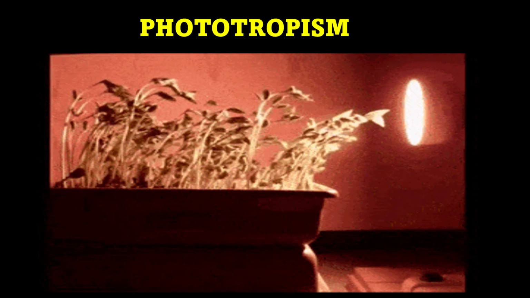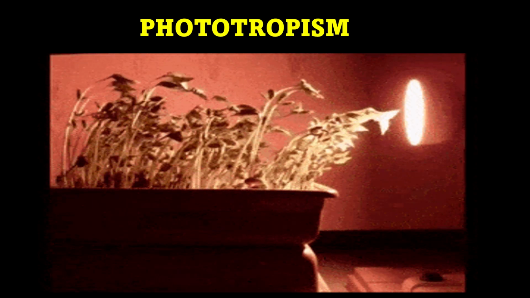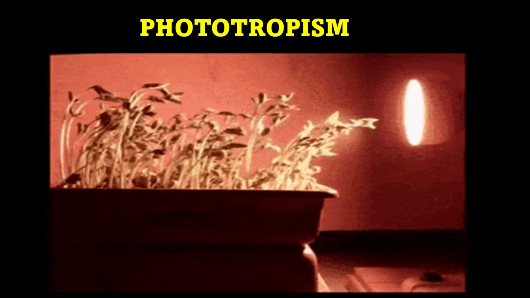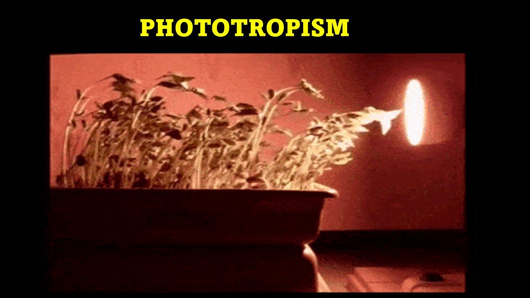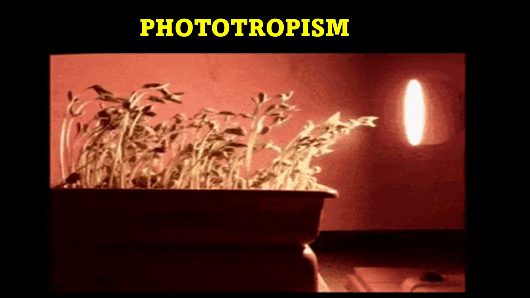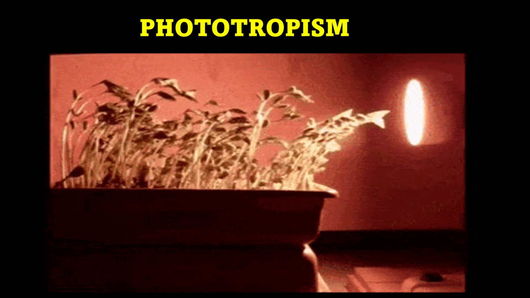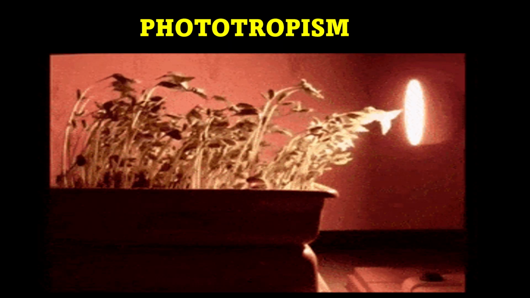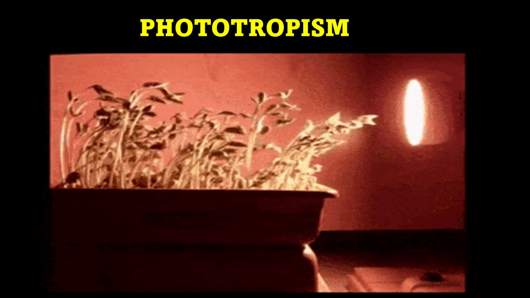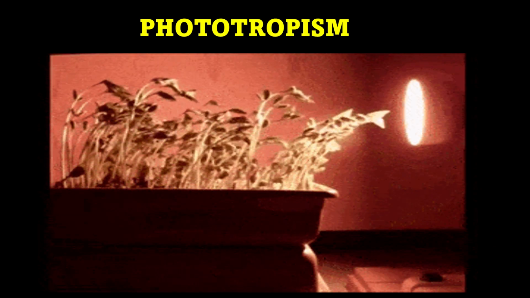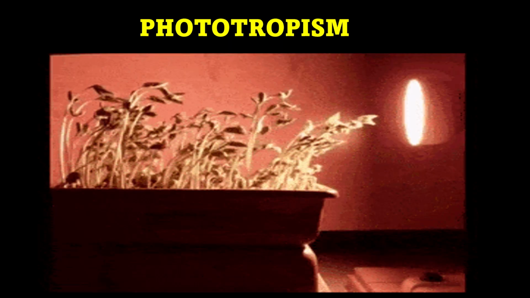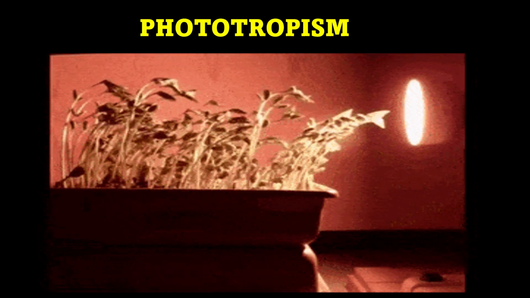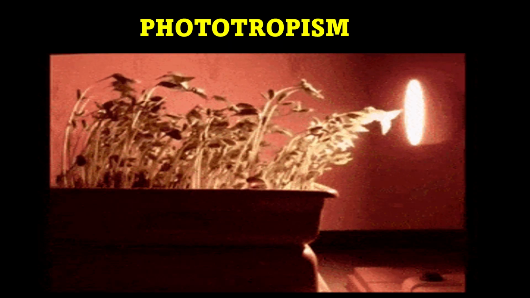You can actually see the plants closer to the light source growing faster than those further away. It's because the plants in this pot don't receive the same amount of light. Those closer to the light source receive more light than those further away, and that is why you can see them responding differently to the light source.